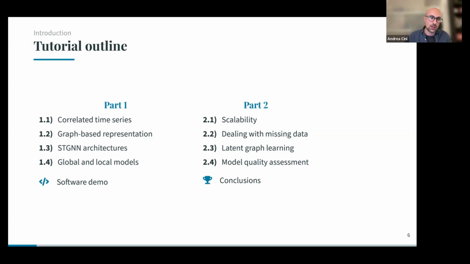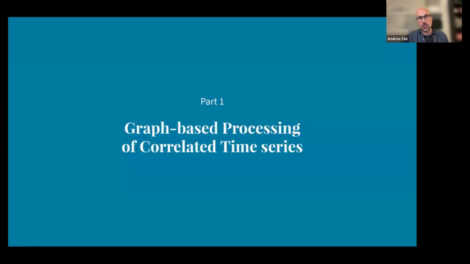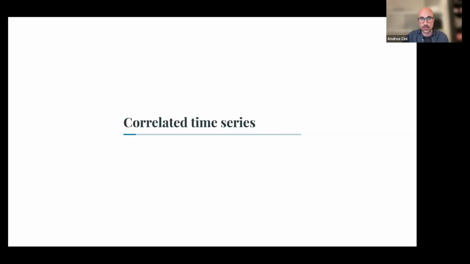In particular, I will talk about an important distinction regarding these models, which is the one between global and local models. Then Ivan will be delivering a software demo, the coding session, and both Ivan and Daniele will discuss the challenges in the second part of the tutorial. So let's start with the first part and with the problem setting.